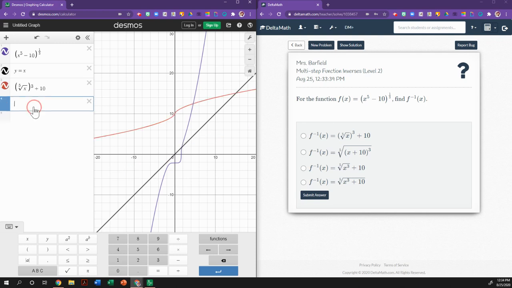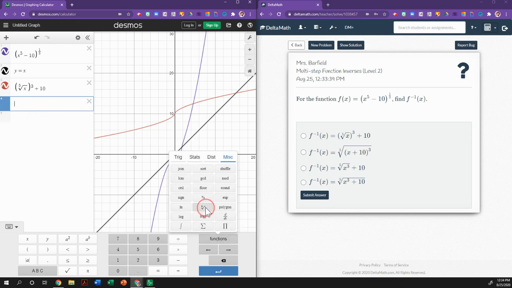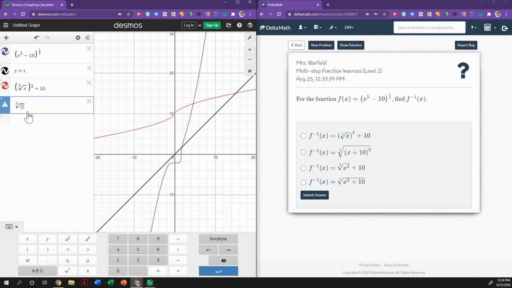I can tell you right there just by seeing what happened out of the corner of my eye, that one was not good. The fifth root of parentheses x plus 10. Notice I'm not speeding through this. It's going to take a little bit of time. That one, yeah, I'm not that impressed with that one either.